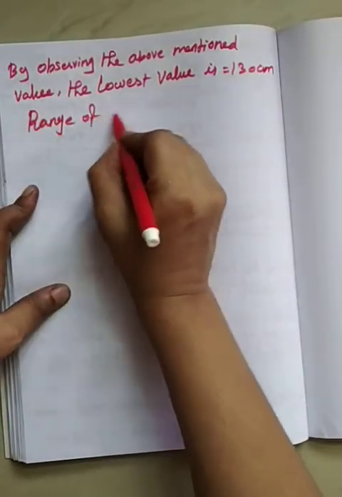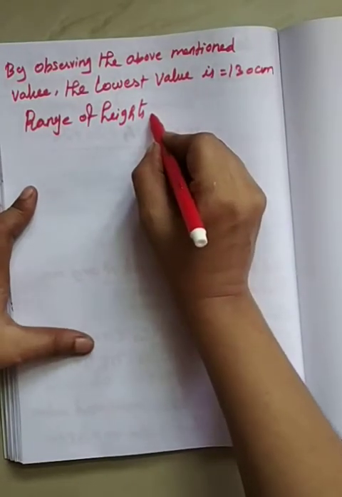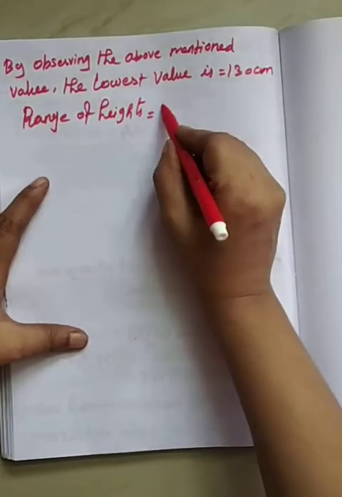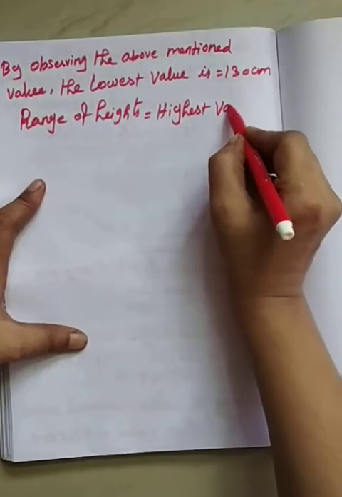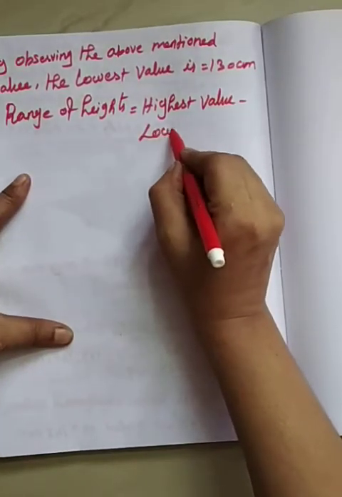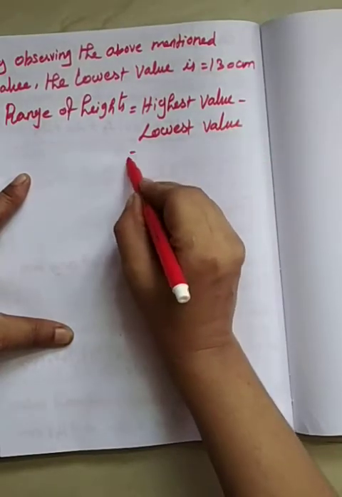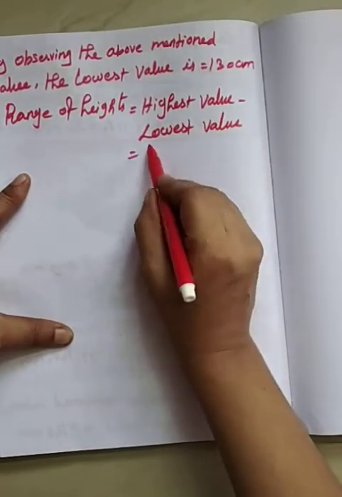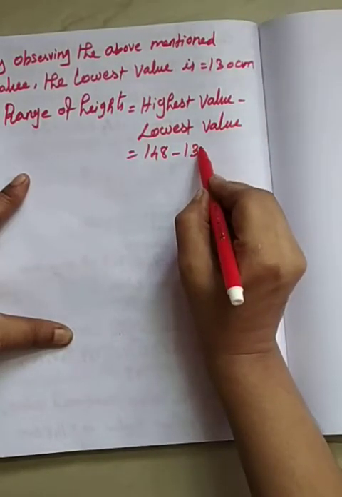Okay, now you have to find the range of heights. Then range of heights is equal to highest value minus lowest value. See here, what is the highest value? 148, minus lowest value 130.